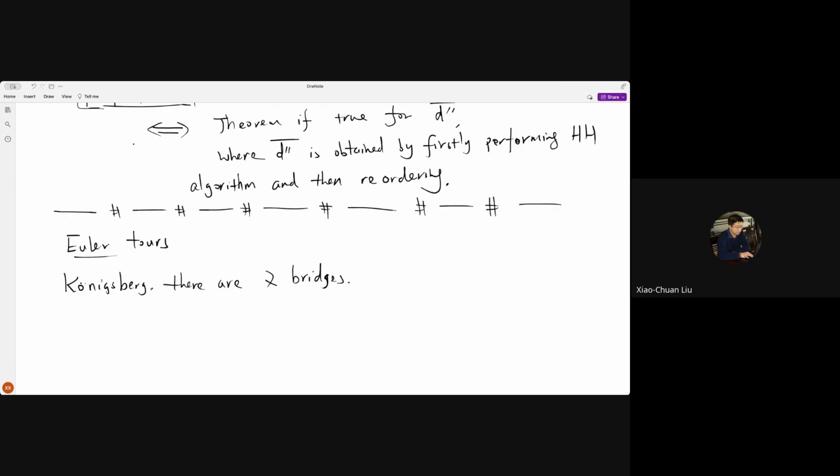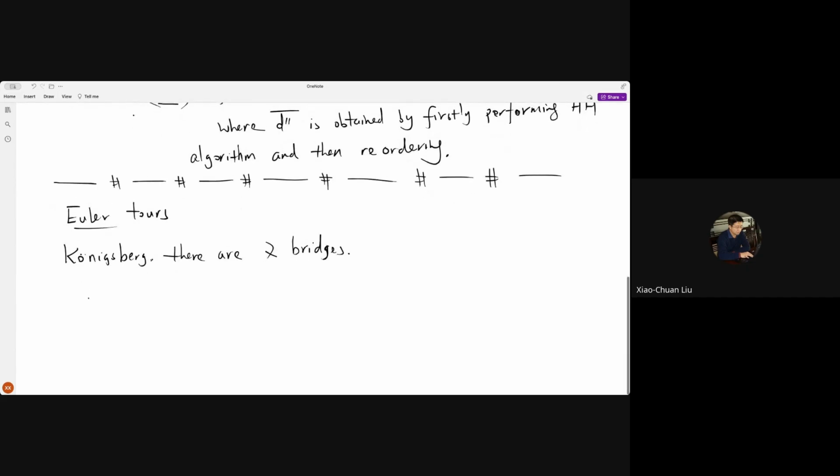After the translation, the map of Königsberg is something like this. You have a graph. This is a vertex, and let's call these B, C, D. There is an edge here, there is an edge here, and there are 2 edges.